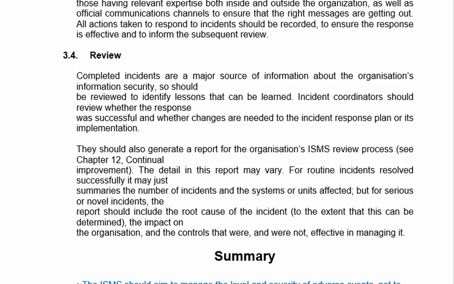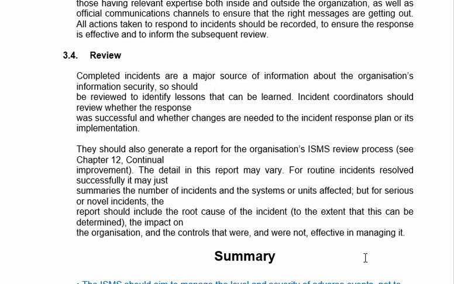Now, once you have responded to the incident and are back to normal functioning, then we need to conduct a review. In the review, you need to see why the incident happened and what lessons we have learned from those incidents, so that these incidents may not happen in future. The review is very important.